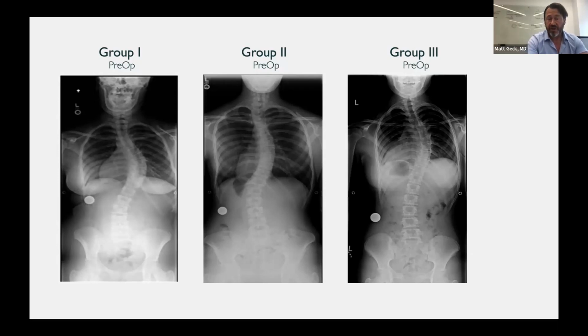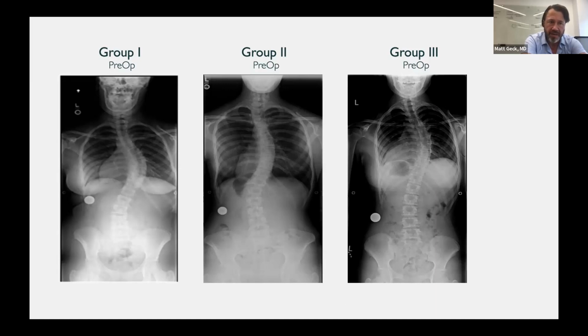So in skeletally immature patients, we have bracing, and now we have potentially tethering, which is a growth harnessing surgical corrective technique that's a little bit less invasive, but has uneven data.